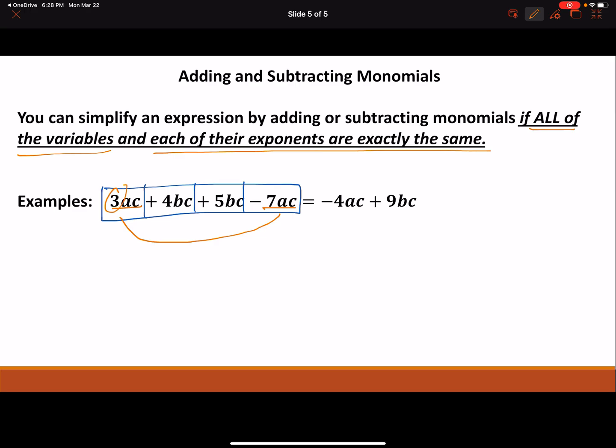So I'm going to think about these coefficients, and I'm going to take 3, subtract 7, put it in my calculator, and I'm going to get a negative 4. And I'm going to move that over here with that AC, so I have one term complete. Now I've combined those and simplified it.